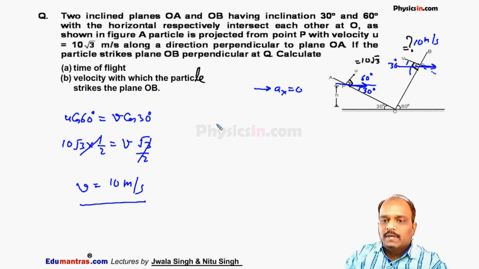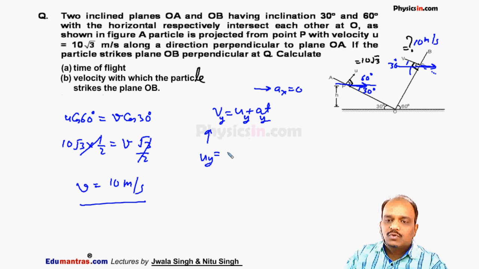Now, when the particle is moving upward, u_y. For the time of flight, we can calculate it by using the relation v is equal to u plus at along the y direction. So u_y is u sin 60 and v_y is v sin 30.